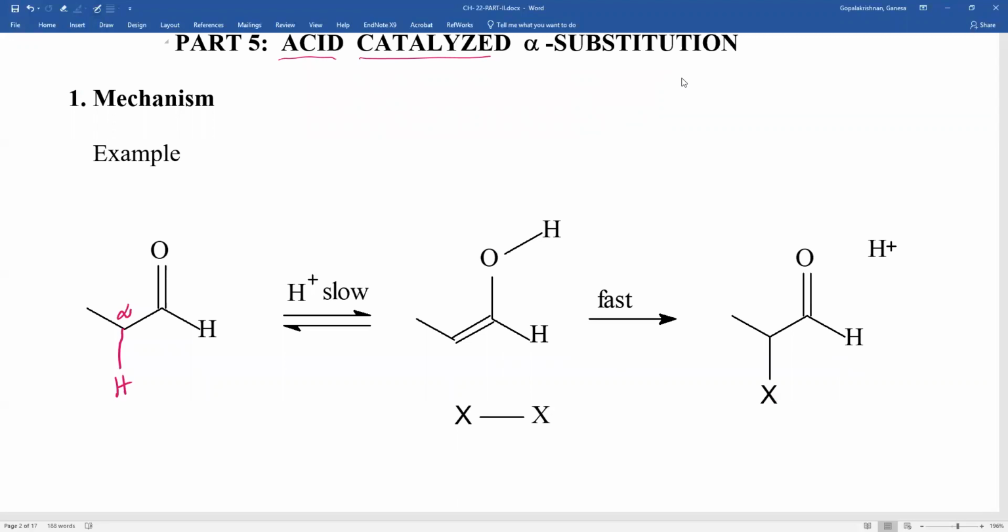If you treat this aldehyde with an acid, we know the aldehyde will become an enol. This is enol.